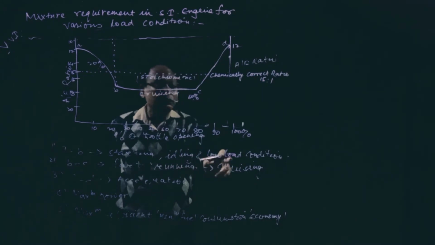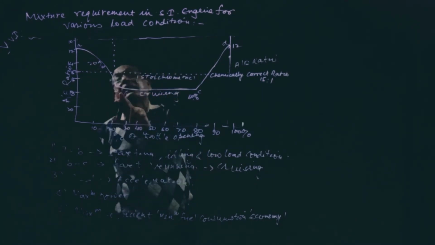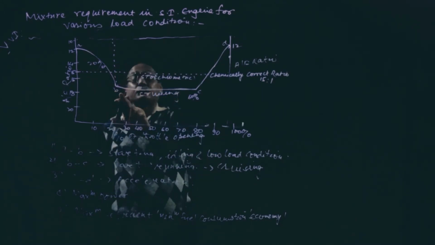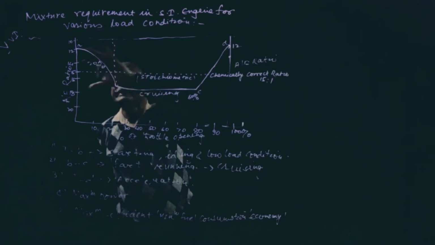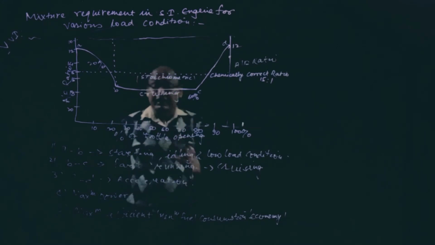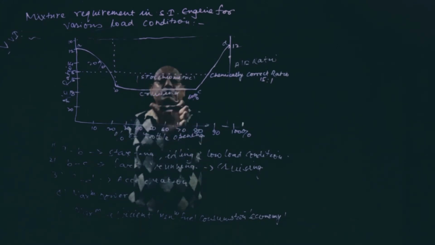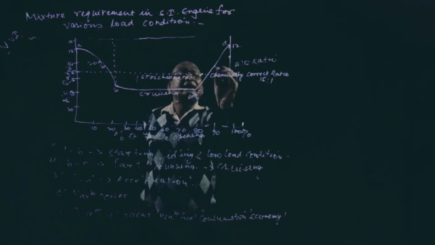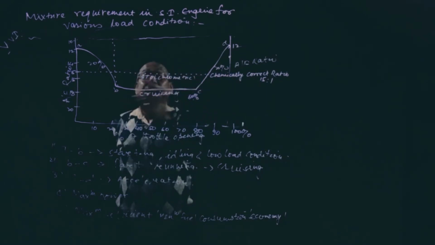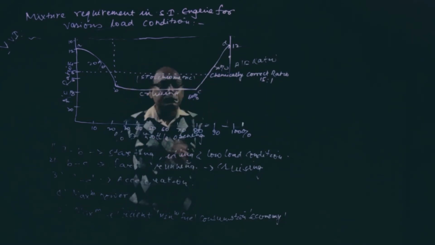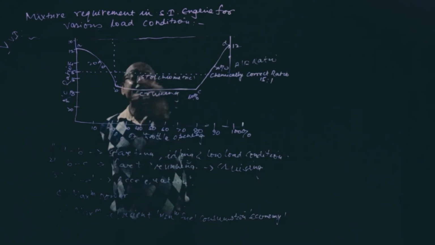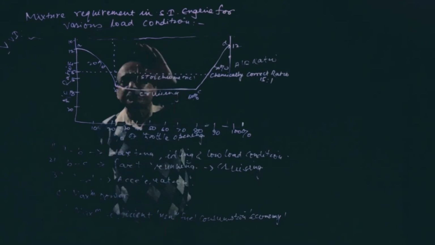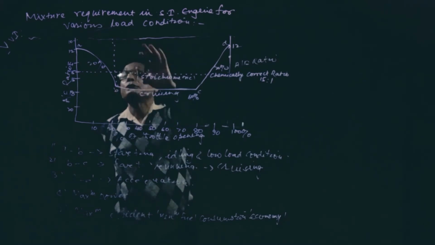Starting, idling and low load condition is A to B, where rich fuel supply should be there. It is not advised to run the engine all the time like this. Normal running should be there, for near about 60%. Even the stoichiometric ratio gives the best output. Above the stoichiometric ratio, that is rich fuel, it is not advisable to use that ratio.